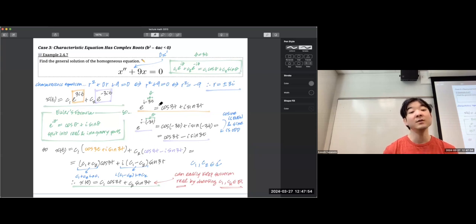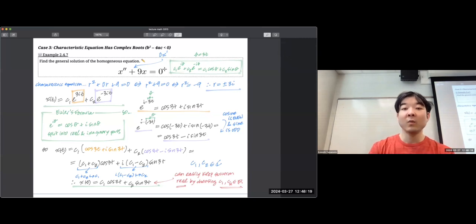That's using even and odd properties of sine and cosine. We also redefined coefficients. We defined c1 plus c2 as a new c1, and i times (c1 minus c2) as our new c2. Because of this i here, we said our c1 and c2 can in general be complex, but our punchline was that in the end, this is what ends up happening.